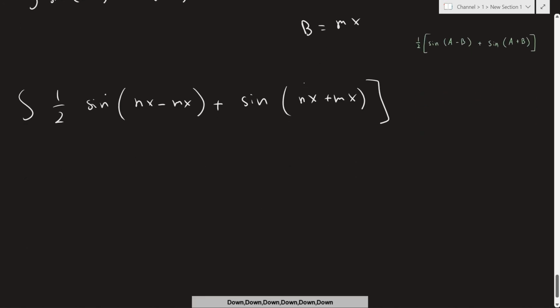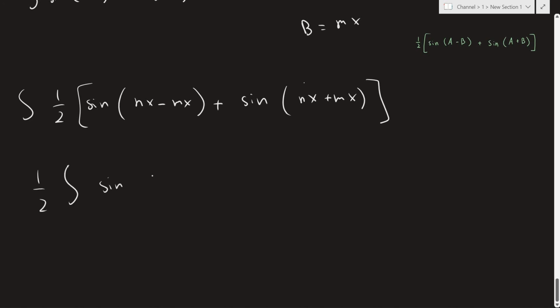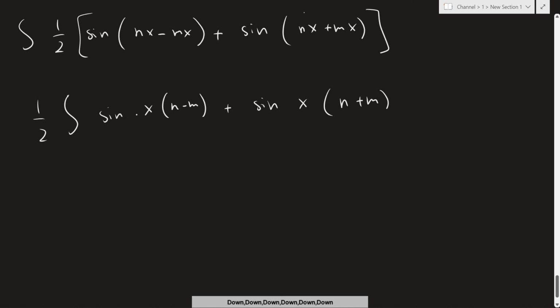Okay, and now let's take x outside, and half outside as well. Half integration of sine x is common, n minus m, plus sine x n plus m. Great. So now we integrate. So let's integrate sine x.